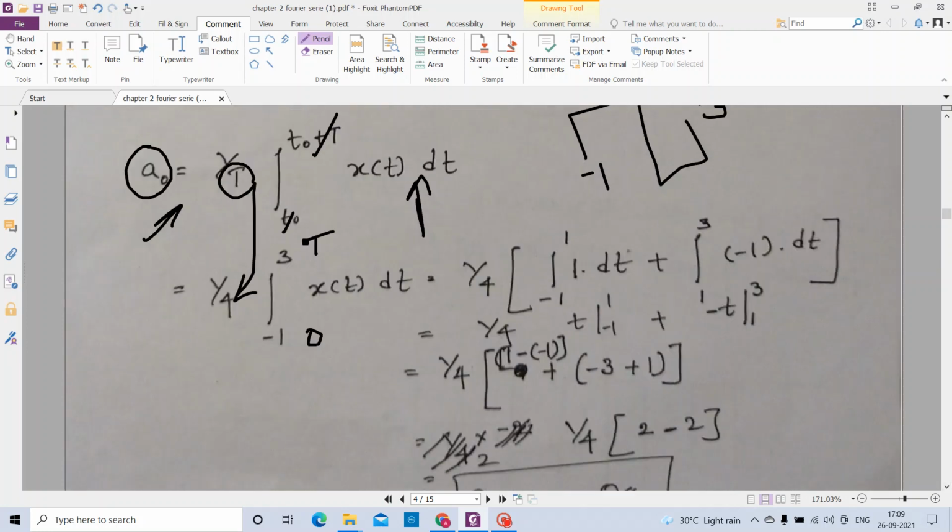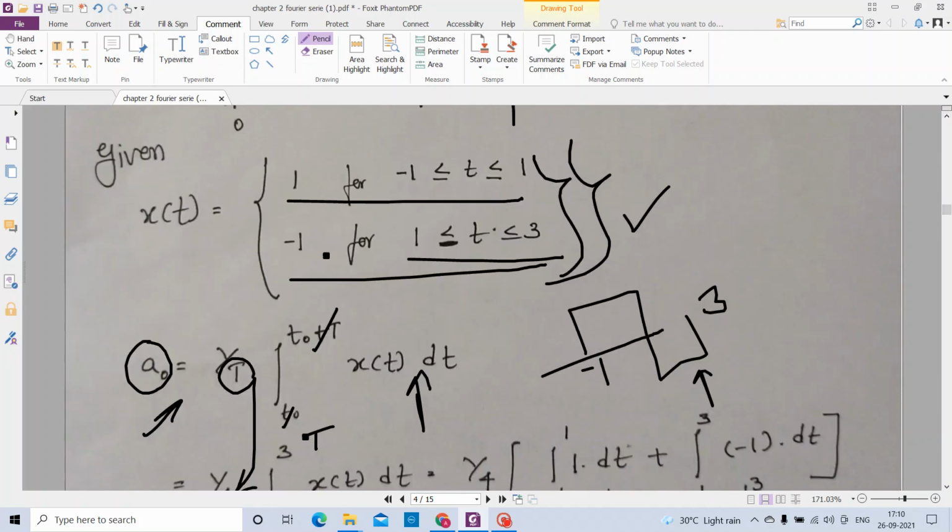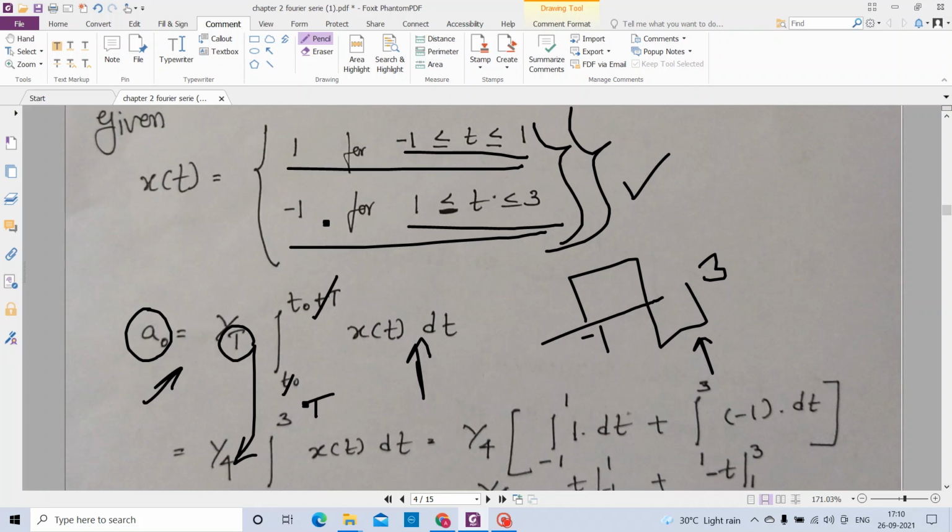So 1 by 4, this is one cycle time period, minus 1 to 3, x of t dt. Then again we have to split it: first the positive half cycle, then the negative half cycle. The positive half cycle time period lies between minus 1 to 1, and its amplitude is 1.